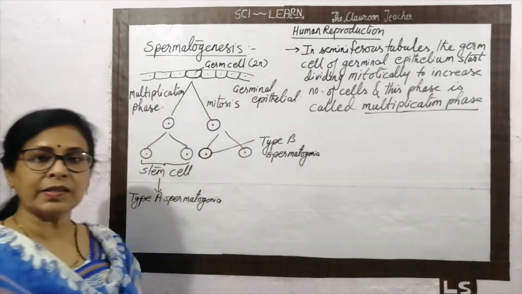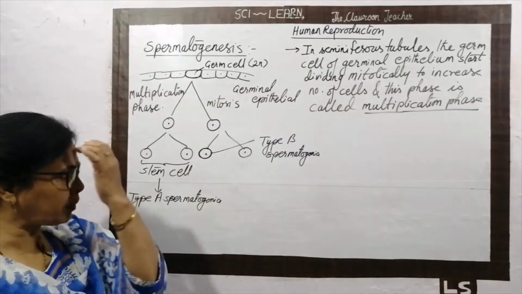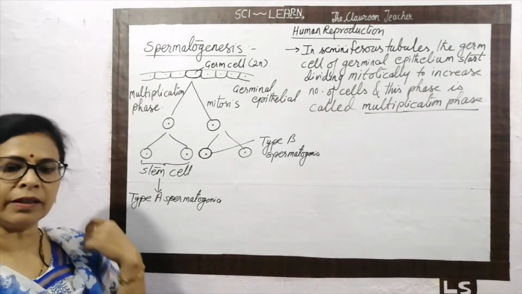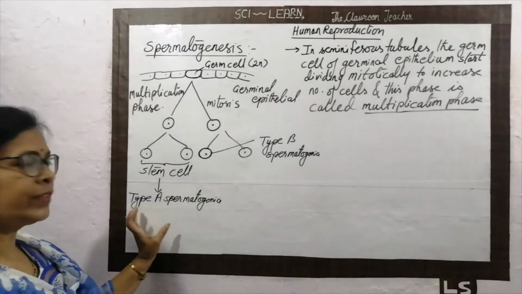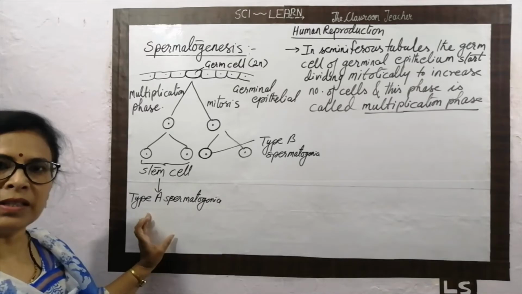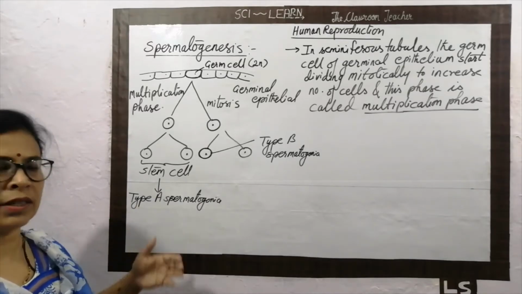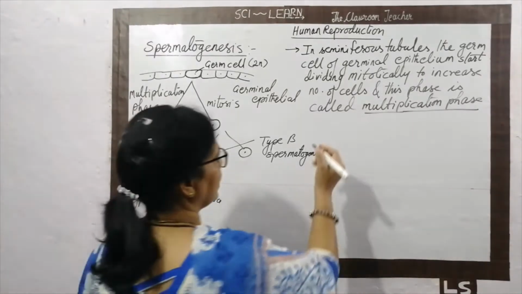So what happens next? This type B spermatogonia is going to participate in the further stage. But what is the role of a stem cell? The stem cell forms more and more cells. It increases the number of cells.